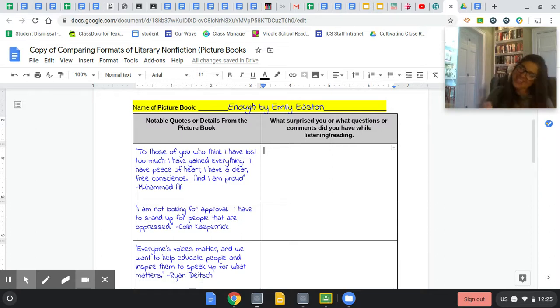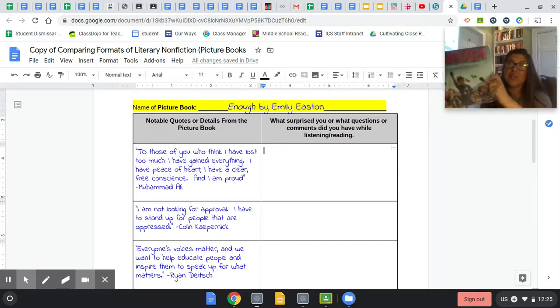And the reason that I picked that quote goes back to the end of my read aloud video when I asked you to think about what's problematic about this picture book. It's really beautiful and it has really important protesters from US history. And I picked this quote because it says, "Everyone's voices matter," yet there was not one First Nations voice.